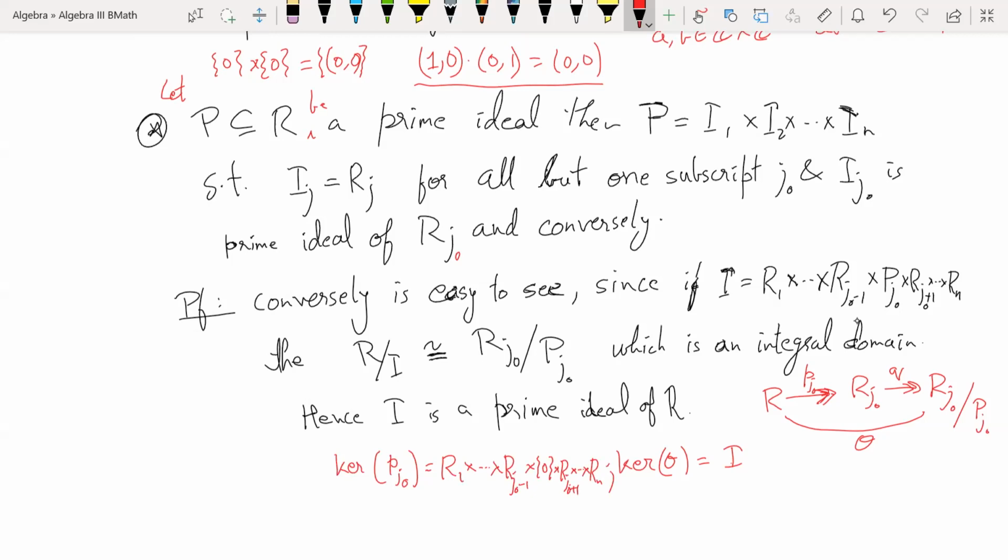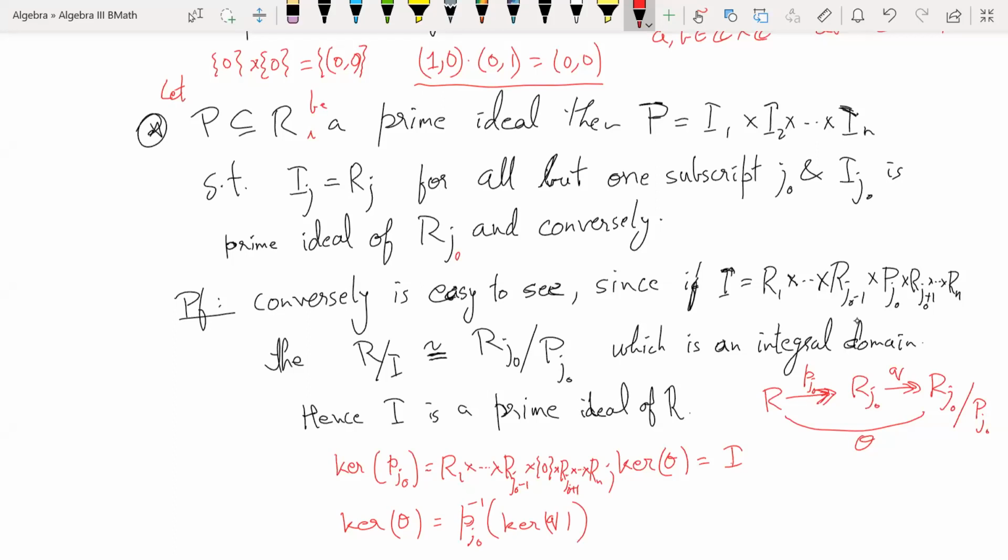But the kernel of the composition theta will be slightly bigger because Q also has some kernel. We know that the kernel of theta is basically those elements which map to 0 under the composition. So you have to look at the kernel of Q. That's going to be some subset of R_j0, and you will have to take the p_j0 inverse of that. That is how you get the kernel of theta.